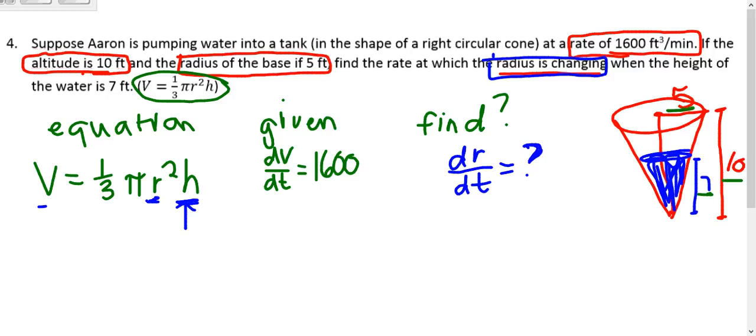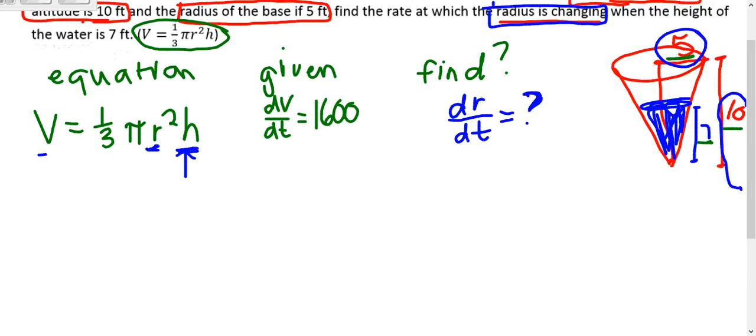So if we look at our height and our radius, there's something that we can learn about them. If our radius is 5 when our height is 10, that proportion will be true for any radius and any height that we have. We want to solve this and get an h equals so that we don't have a height in our volume equation anymore.